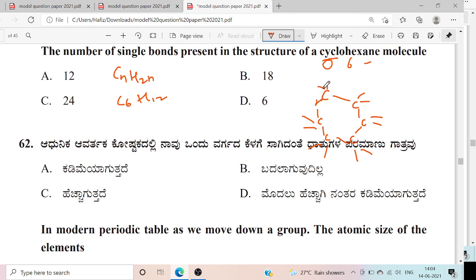From here 1 2 3 4 5 6 7 8 9 10 11 12 13 14 15 16 17 and 18. The total there are 18 here. So option B is the correct one.